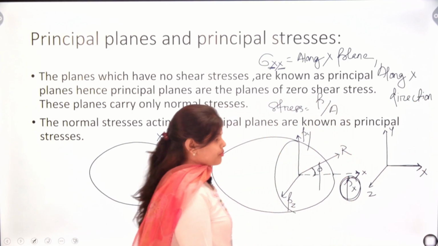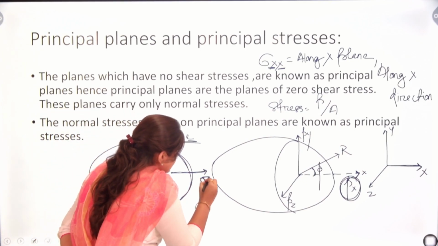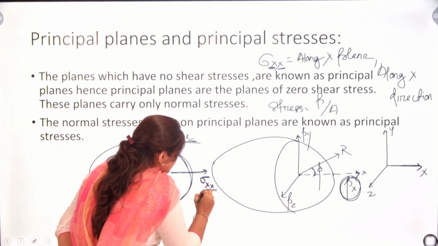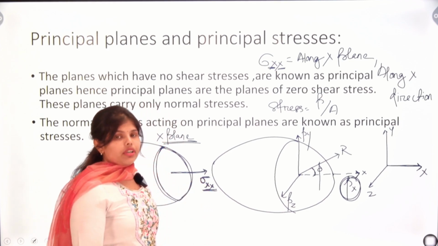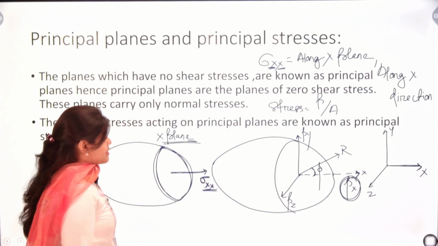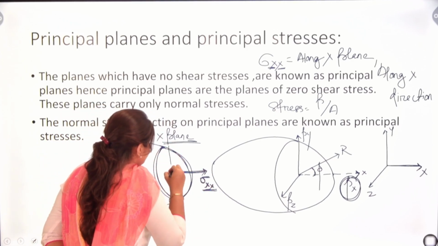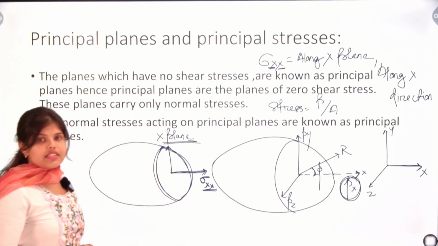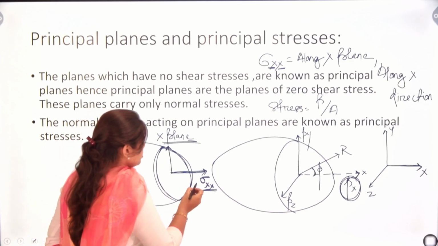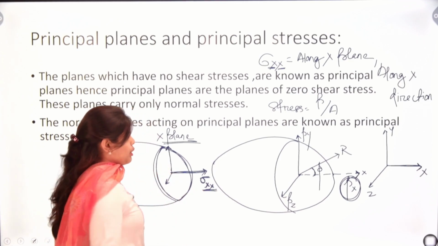Okay. So, first we will get sigma xx in x direction. Sigma xx is our what? This is our normal stress. So, due to normal stress, also there will be some shear stress. We know that shear stresses are perpendicular to normal stress or parallel to the plane.